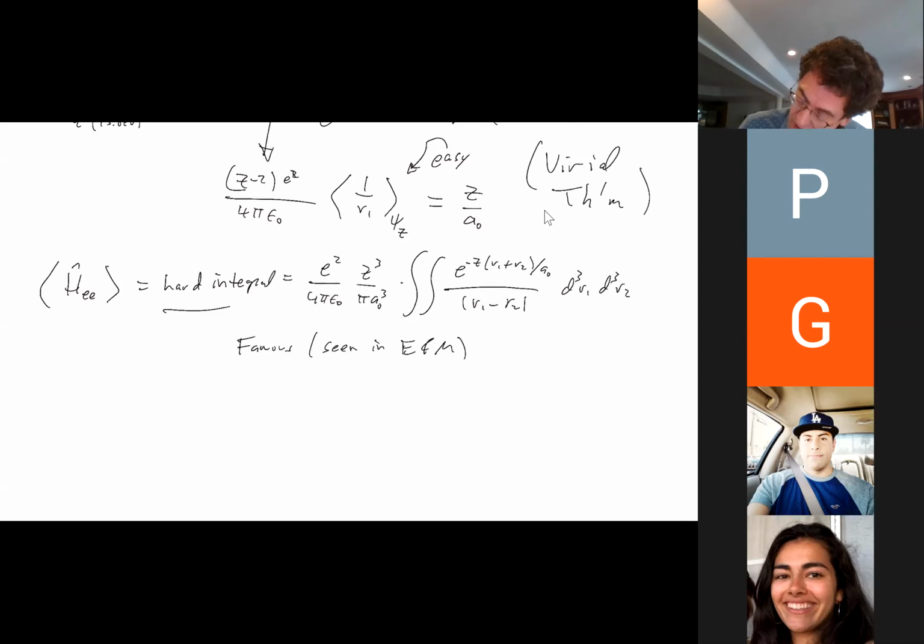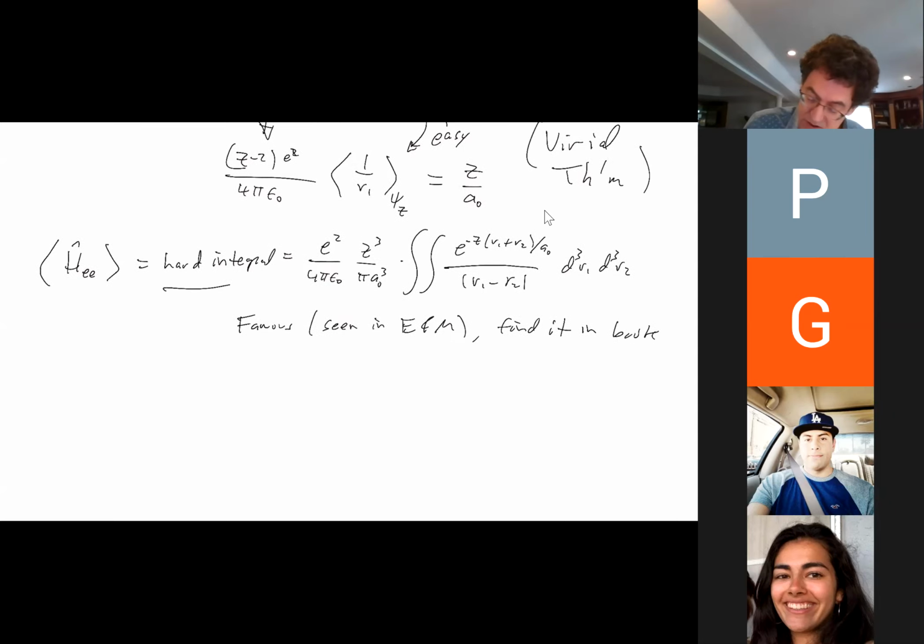You can find it in the book. And when you work it all out, you see that it's equal to 5Z over 4 times 13.6 eV.